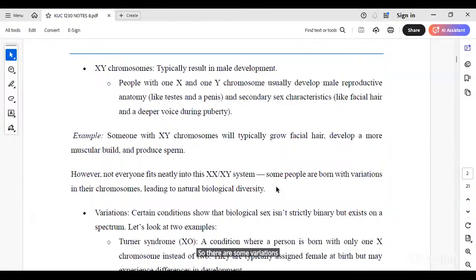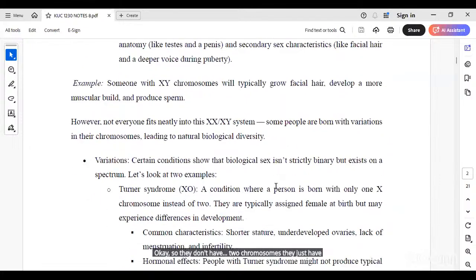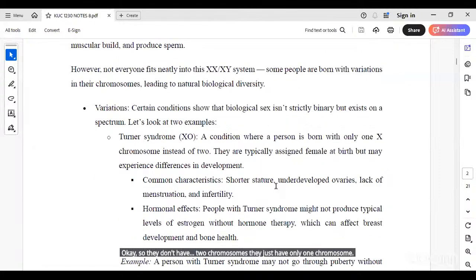Kuna wale watu utapata, they only have one X chromosome. Okay, so they don't have two chromosomes, they just have only one chromosome. So when they have just the X chromosome, they suffer from what we call the Turner syndrome.